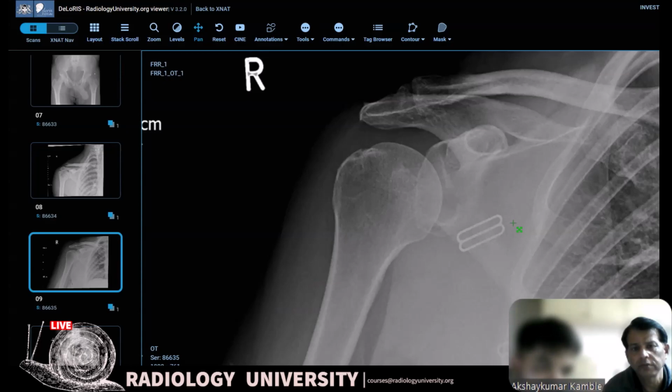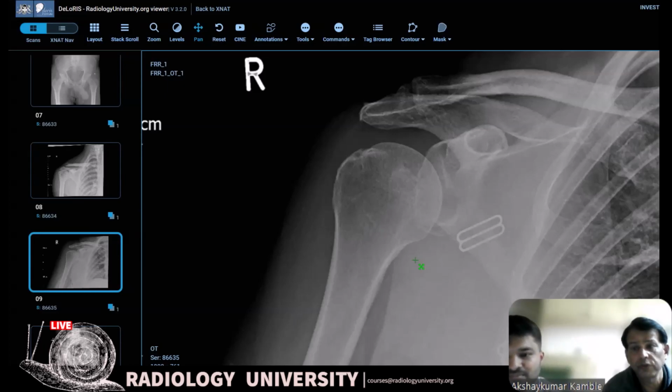There's a bony fragment at the inferior aspect of the right glenoid fossa, and also a cortical depression over the anterolateral aspect of the right humeral head. So I suspect this patient had prior history of anterior dislocation of the right humerus with relocation, complicated by Hill-Sachs deformity and bony Bankart lesion of the right scapula.